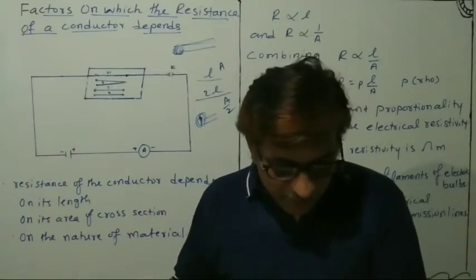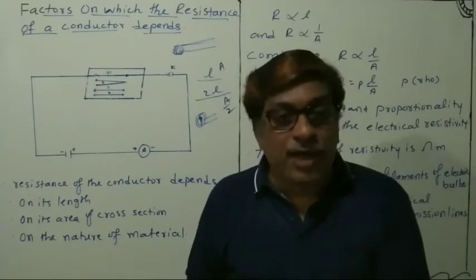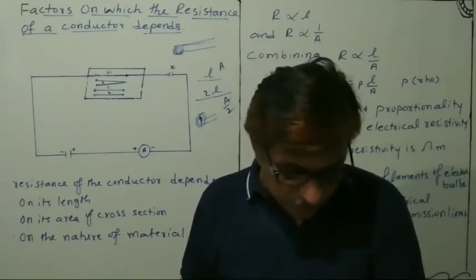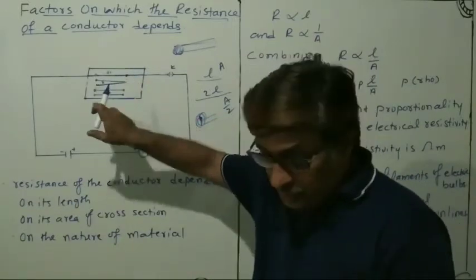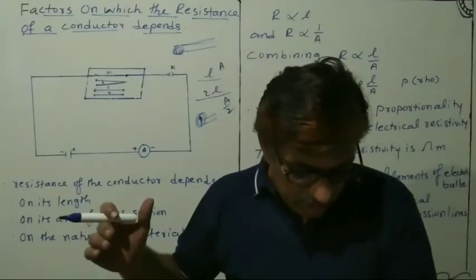Third one: a change in the ammeter reading is observed when wires of different materials, of the same length and the same area of cross section, are used. For example, nichrome, or copper, or silver.